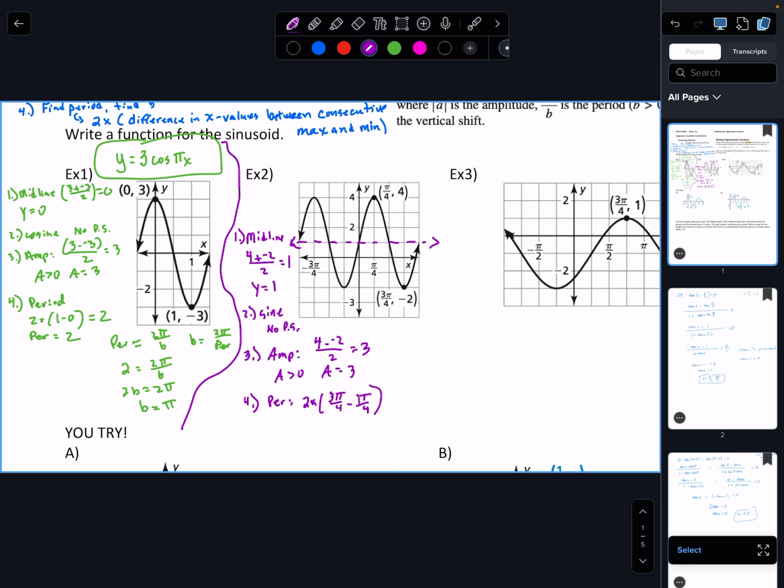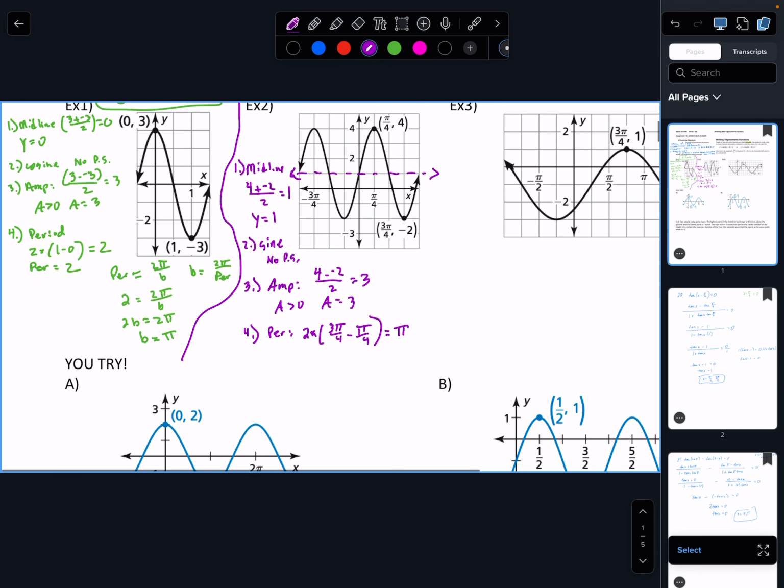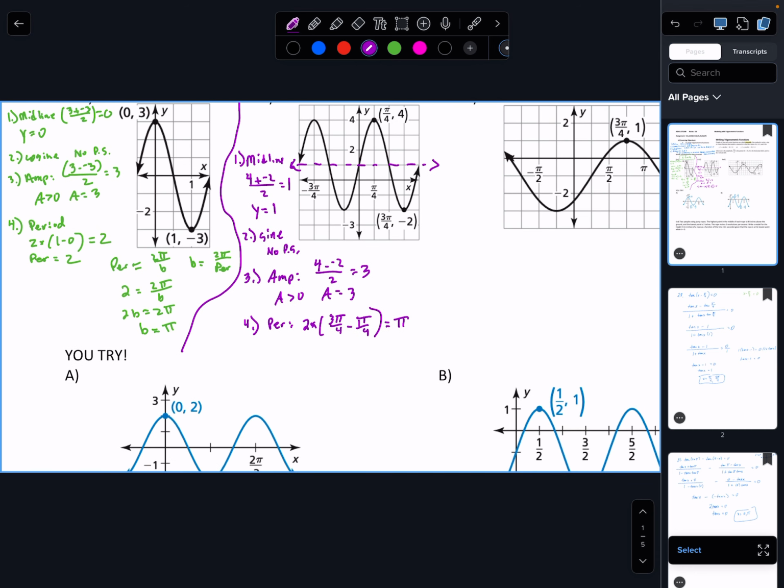Just 2 pi fourths doubled is 4 pi fourths, and the period is pi. And you can calculate B by 2 pi divided by the length of the period. So it's 2 pi divided by pi, which is 2. So B is 2.